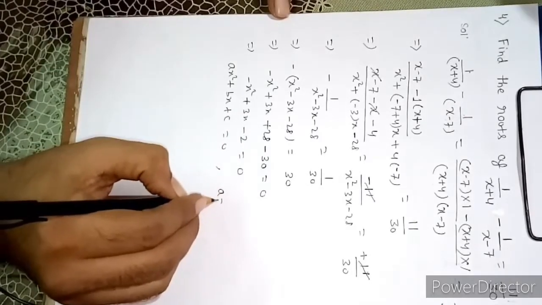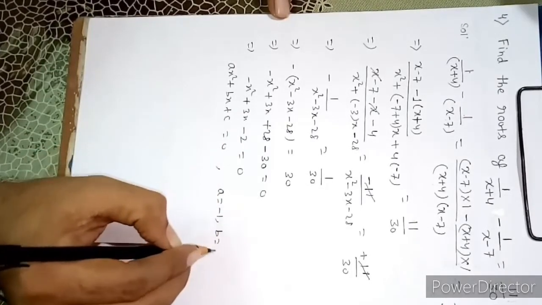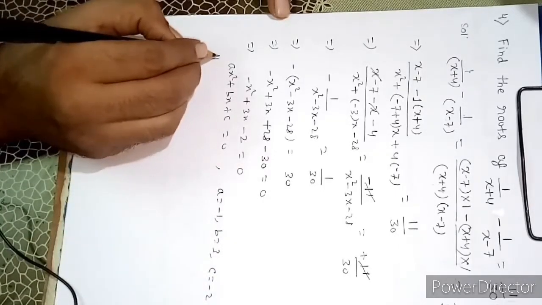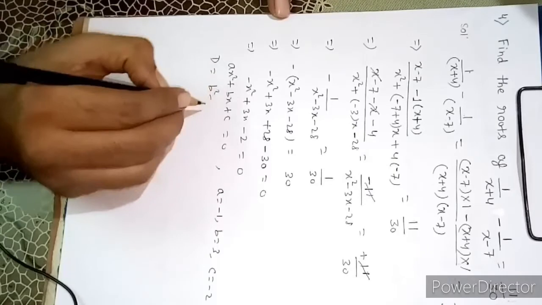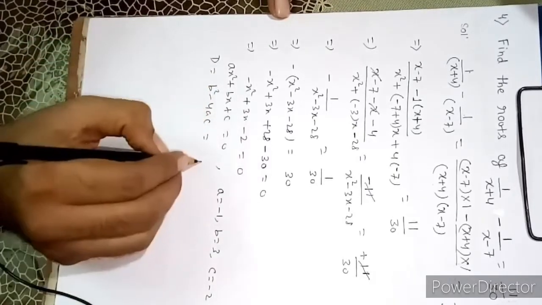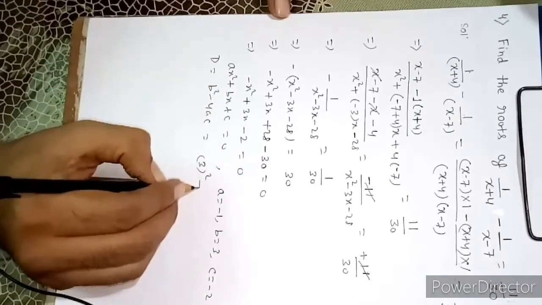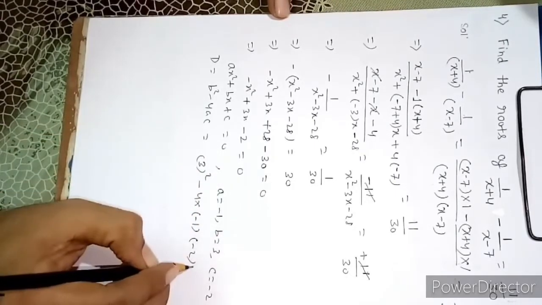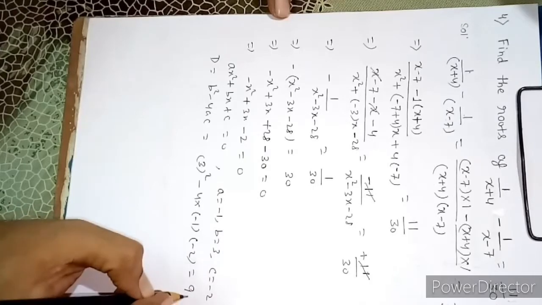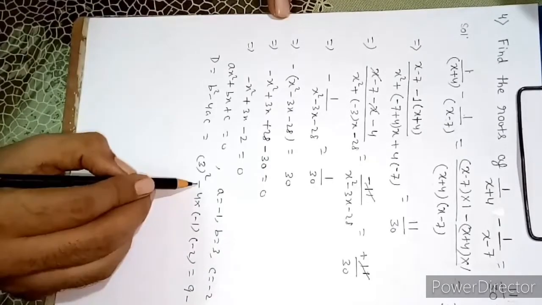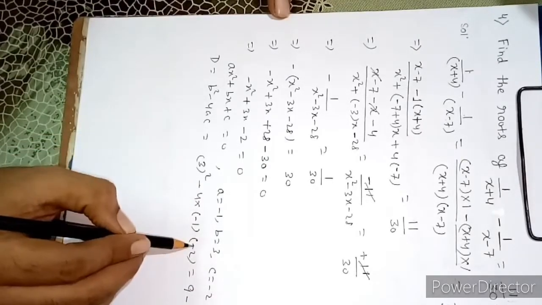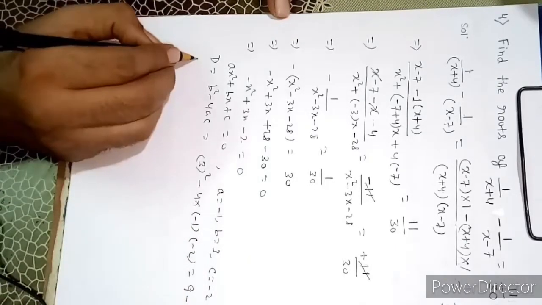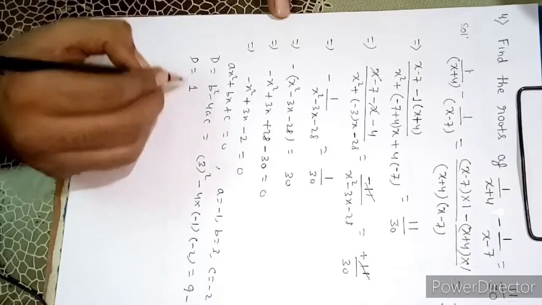It means a equals to minus 1, b equals to 3 and c equals to minus 2. Therefore discriminant will be b square minus 4ac, that is 3 square minus 4 into minus 1 into minus 2. You are getting 9 minus 8. See here, minus into minus plus, plus into minus minus, 4 into 1 into 2 is 8. The D you are getting 1.